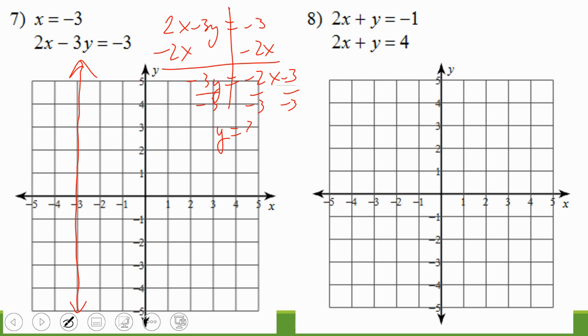So y equals 2/3 x plus 1. The two negatives make a positive. So there's my plus 1. I go up 2 over 3. That's going to take me away from my solution, so I'm going to go down 2 to the left 3. So you can see with the x's right there is where your solution happens, which is at negative 3, negative 1.